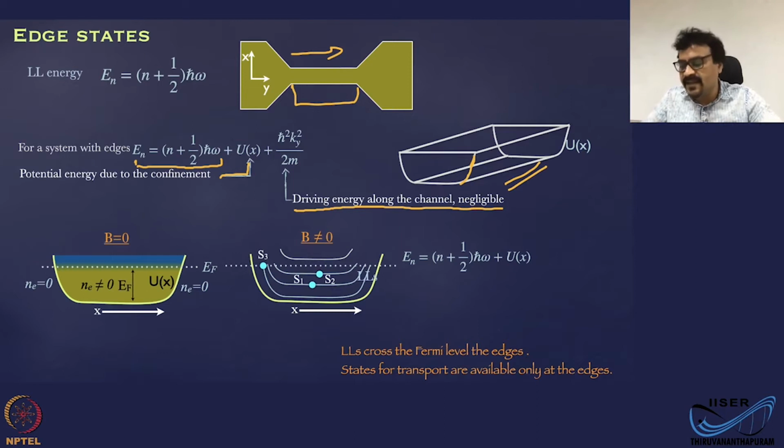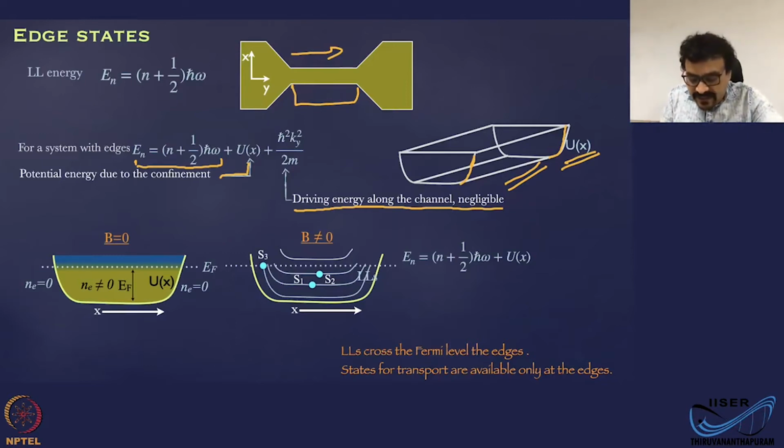So we can consider that as some kind of potential which goes up and becomes really large or infinity outside the material. So there is some kind of a curvature. How steep or how shallow this curvature is all depends upon the details. But there is a curvature, and that is the potential felt by the electron, that is u of x.